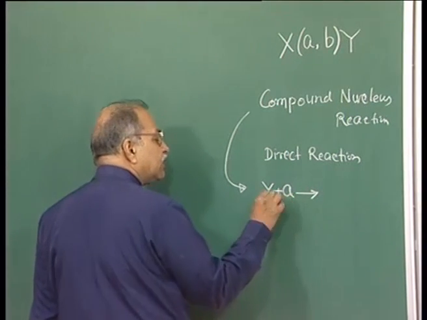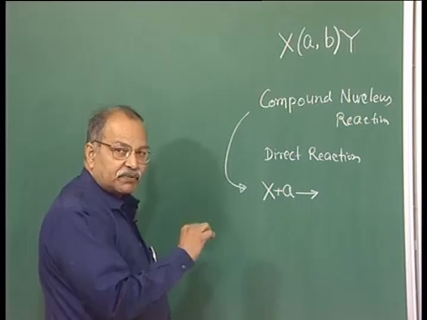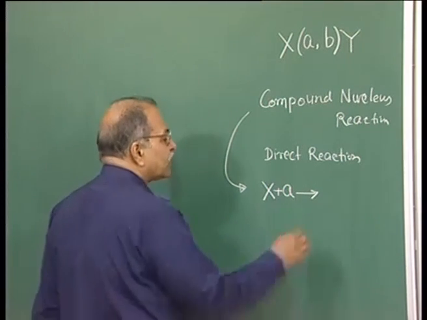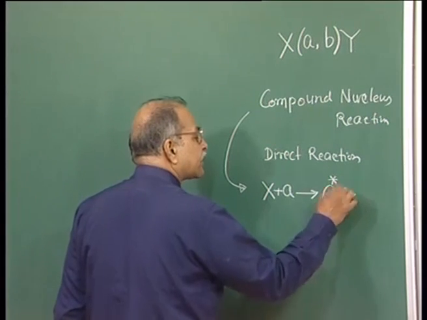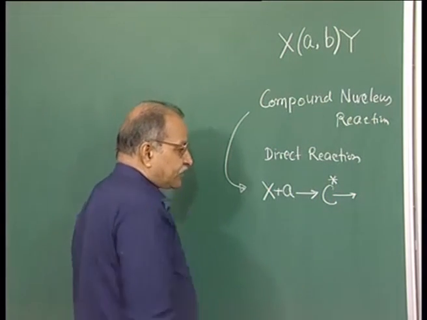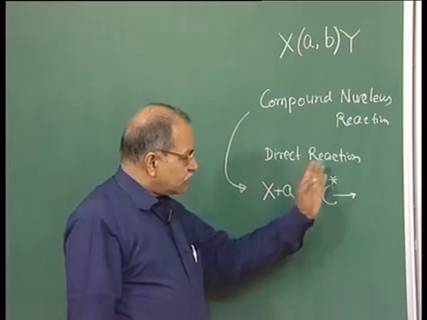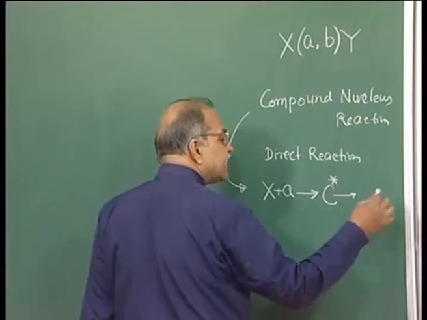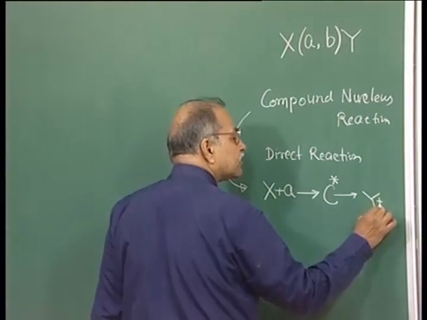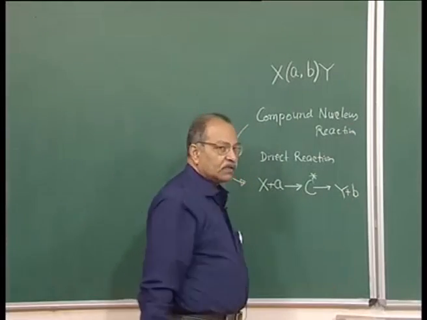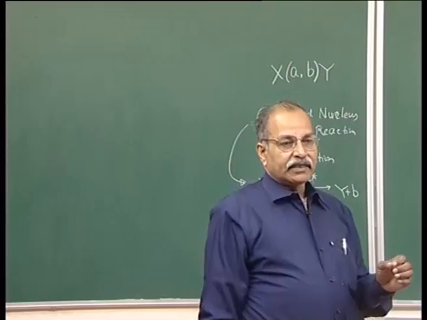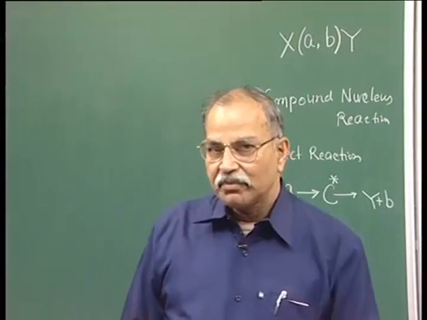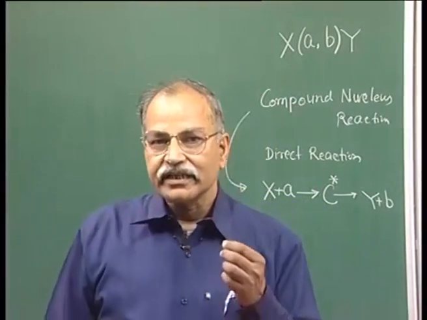So, this A falling on X gets absorbed into it for some time, and that creates a nucleus with some higher energy, and then after this the nucleus decays into Y plus B.